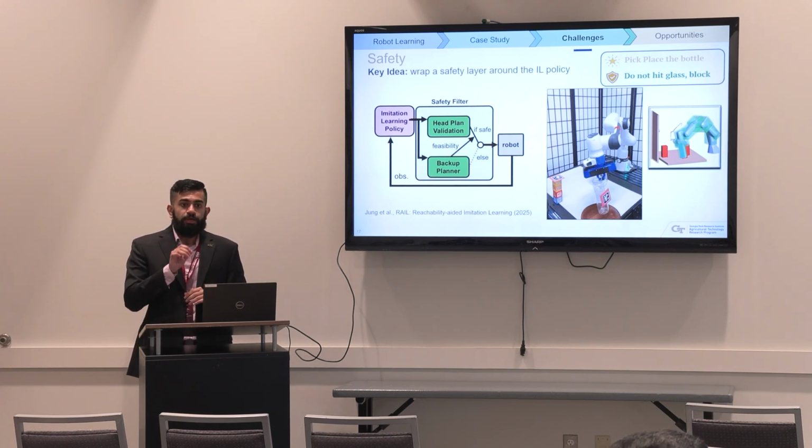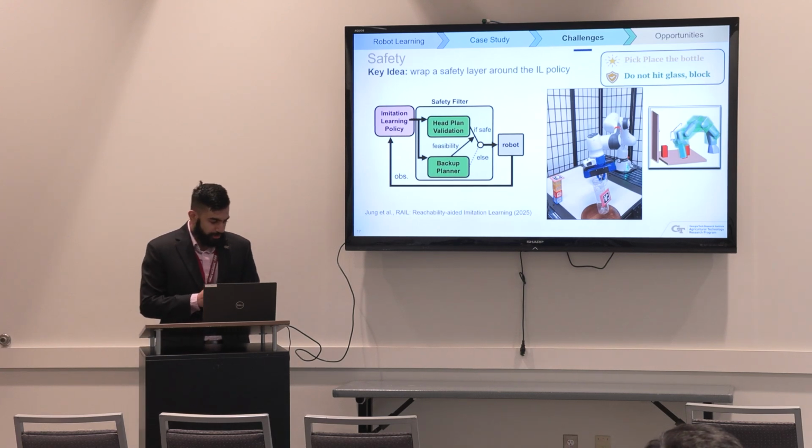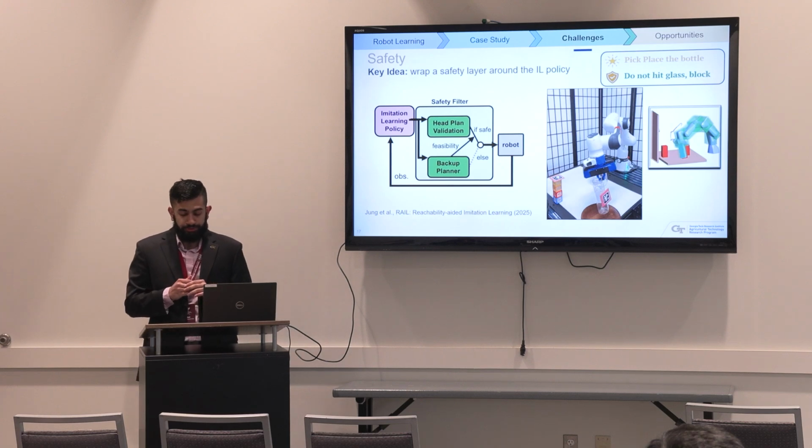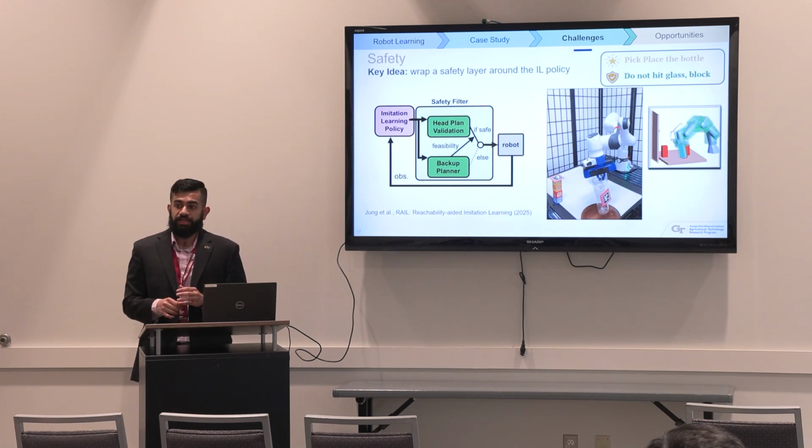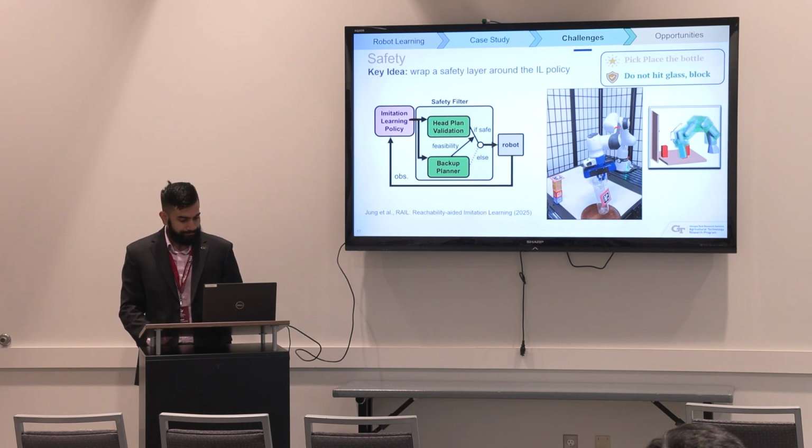And then we look at what would happen if the actions executed by the imitation learning model were actually sent to the robot controller, right? And if those were to violate safety constraints, what we can then go ahead and do is take over control and prevent the robot from actually executing those actions, bring it back into a safe state, and have the model replan from then on.